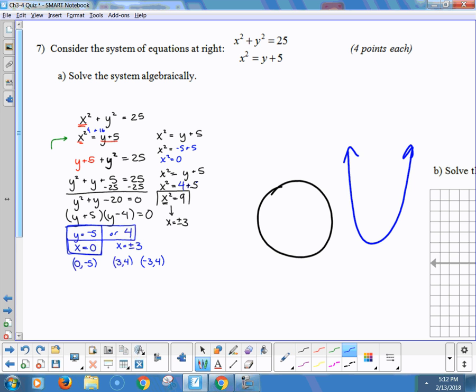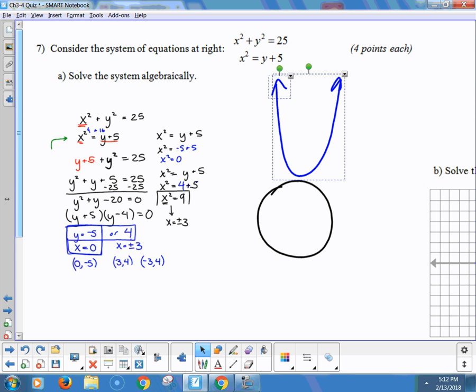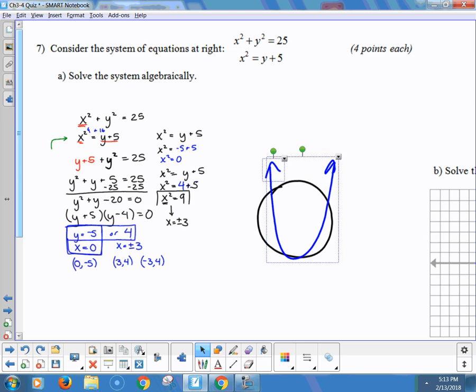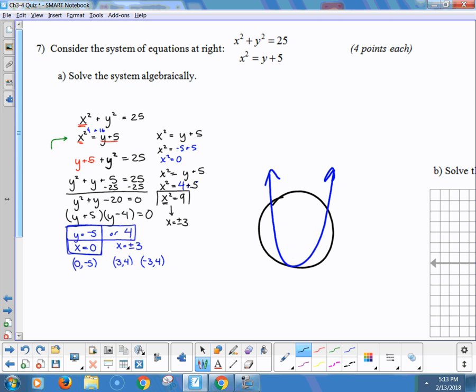And a circle and parabola could cross, well, not at all the way I've drawn them, or they could cross one time, or they could cross 2 times, or they could cross 3 times, or 4 times. And we have the case where they cross 3 times, these three solutions.